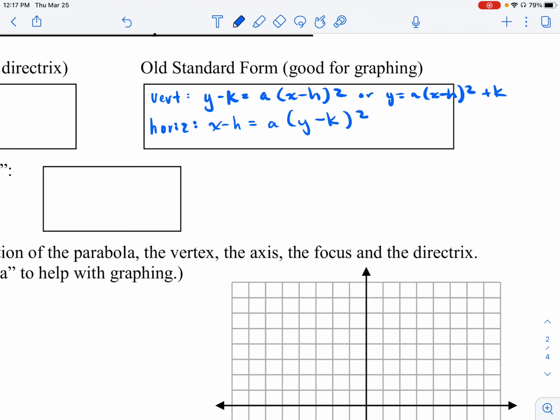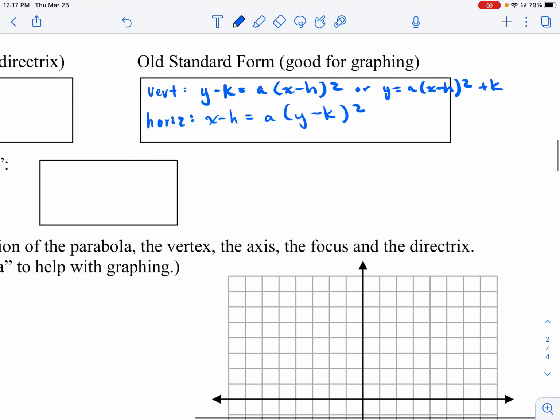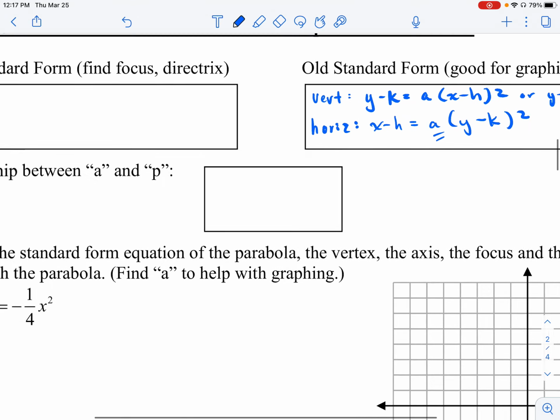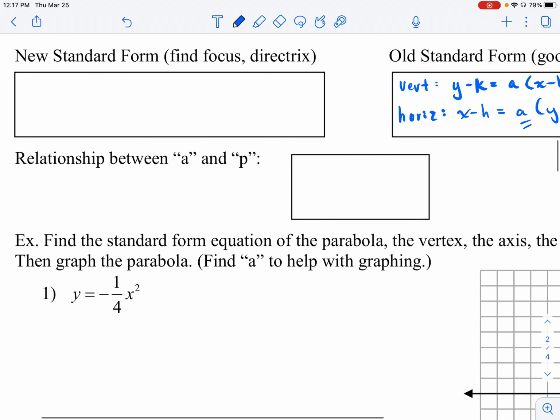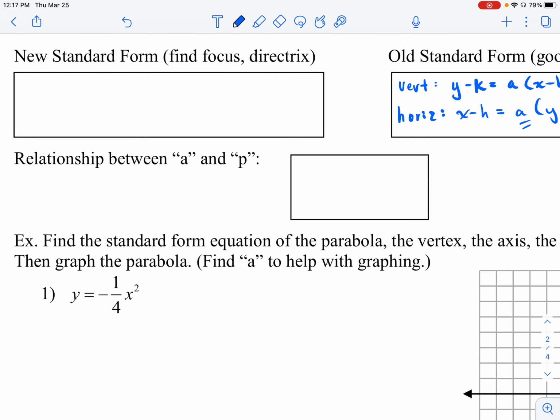Now, these old standard forms were great for graphing because it told us our vertex pretty easily, and we could see whether or not our leading coefficient was positive or negative, which told us whether or not it opened up or down. In the context of conic sections, we then write it as the following.